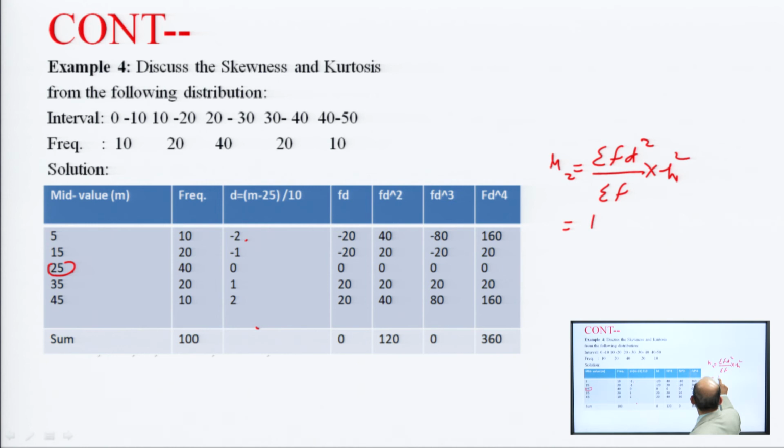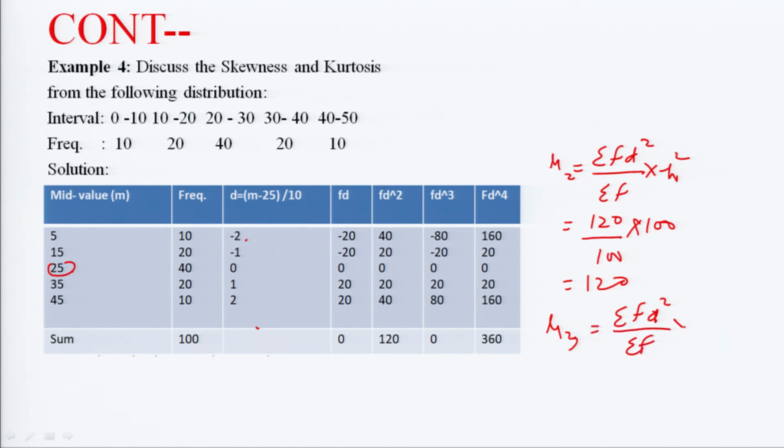Mu 2 is equal to summation f d square by summation f into h square, which is equal to 120 divided by 100 into h square, where h is 10, giving 120. Mu 3 is equal to summation f d cube by summation f into h cube, and mu 4 is equal to summation f d raised power 4 by summation f into h raised power 4.